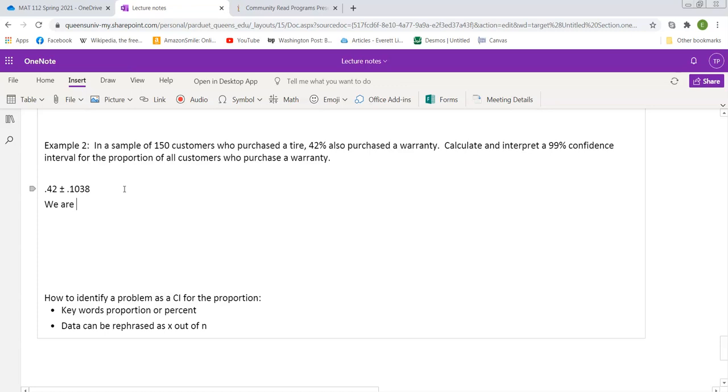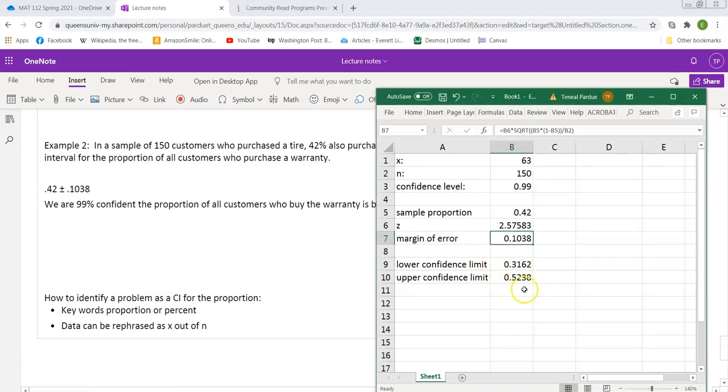And so we are 99% confident that the proportion of all customers who buy the warranty is between 0.3162 and 0.5238.